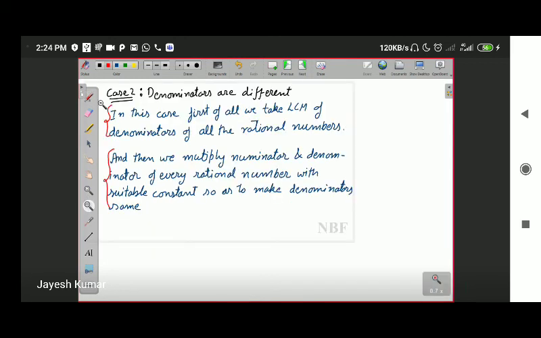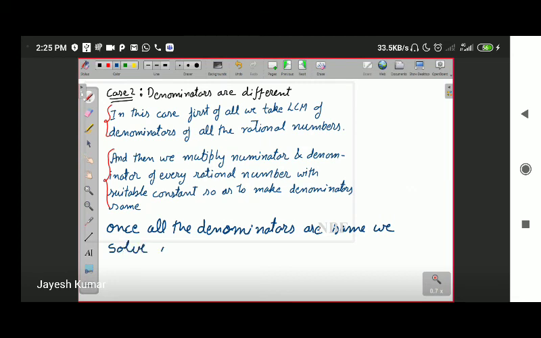And the last part will be after that. Once all the denominators are same, we solve it as in case one.